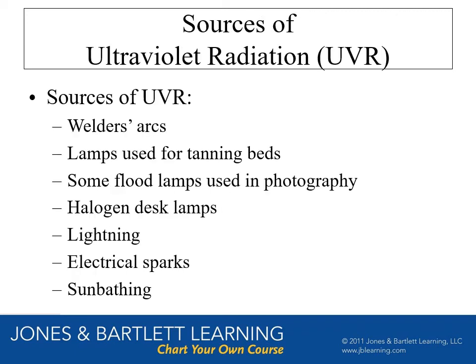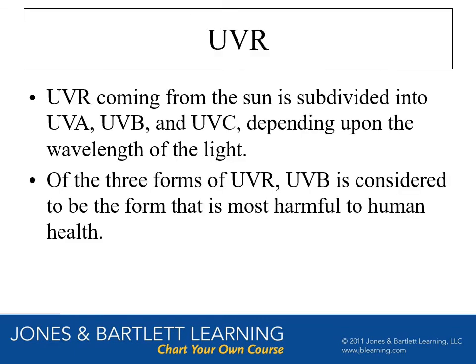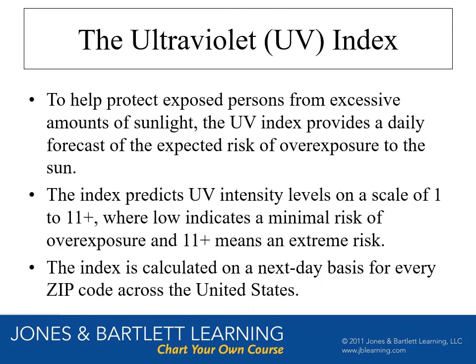Of course, ultraviolet radiation sources, the sun, halogen desk lamps, some lighting, lamps used for tanning beds, are all good examples. It comes in different wavelengths, and UVA and UVB are considered to be the wavelengths that are most harmful to human health.